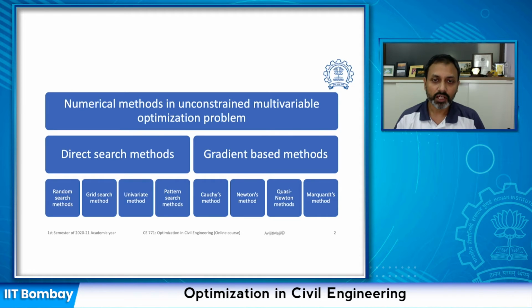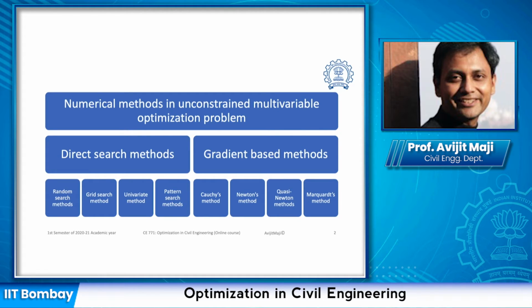So a better understanding of the single variable optimization algorithms is going to be useful to understand the multivariable optimization algorithms. In the next few lectures, we are going to discuss the algorithms for numerical methods to solve the multivariable optimization problem. Let's start with that.